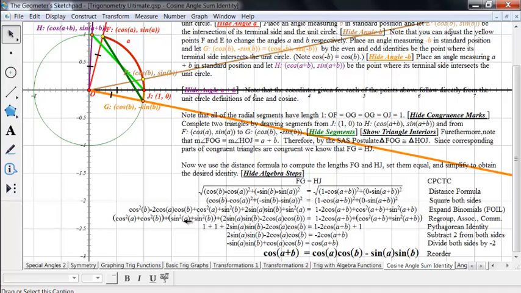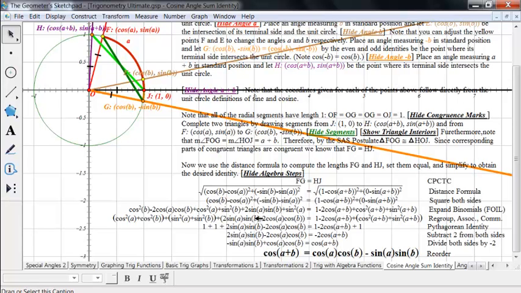Sine square of a is here, sine square of b is here. Here we're going to get what's left. We already got that one. We need this one, minus 2 cosine a cosine b, we put that here, and plus 2 sine a sine b, put that here.